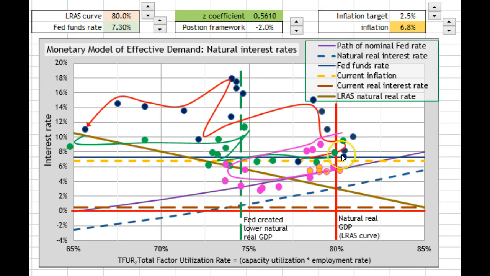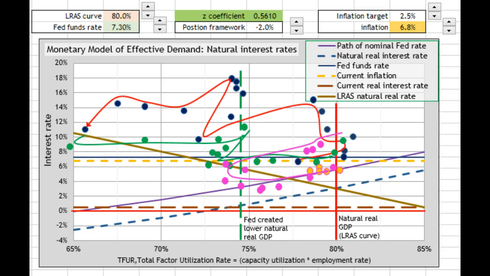But you can see even here that this current real interest rate is below the natural real interest rate, so there's still an inflationary tendency. So the Fed is at the natural real level, and they have built into their dynamics right here an expansionary policy. That's just going to start creating inflation.